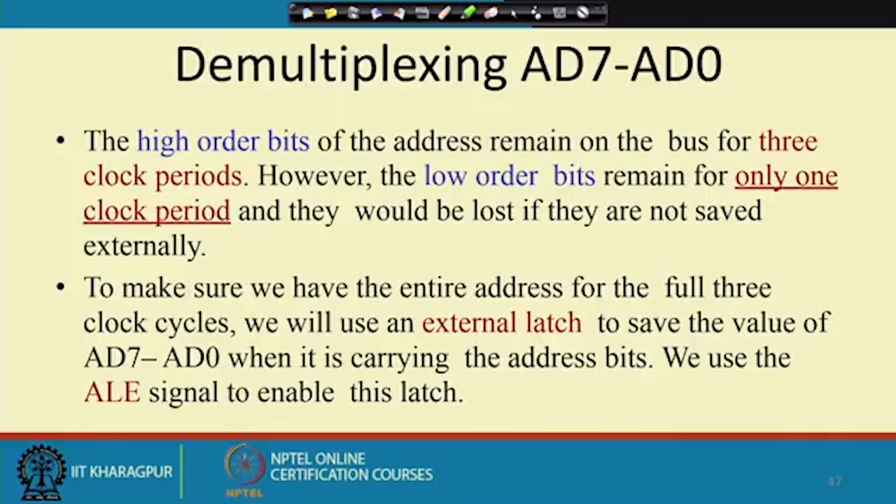To make sure that we have the entire address for the full 3 clock cycles, we need to use some external latch to save the value of AD0 to AD7 carrying the address bits. This is done by means of the ALE signal. In the first clock cycle, on the lines AD0 to AD7 the address bits A0 to A7 will be put, and the ALE signal is generated by the processor.